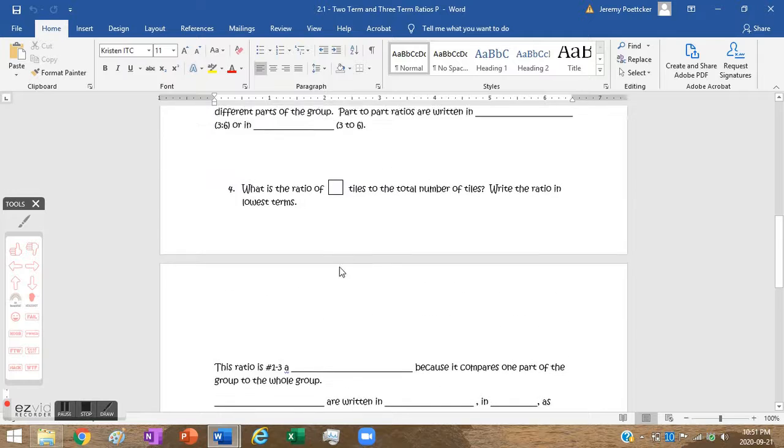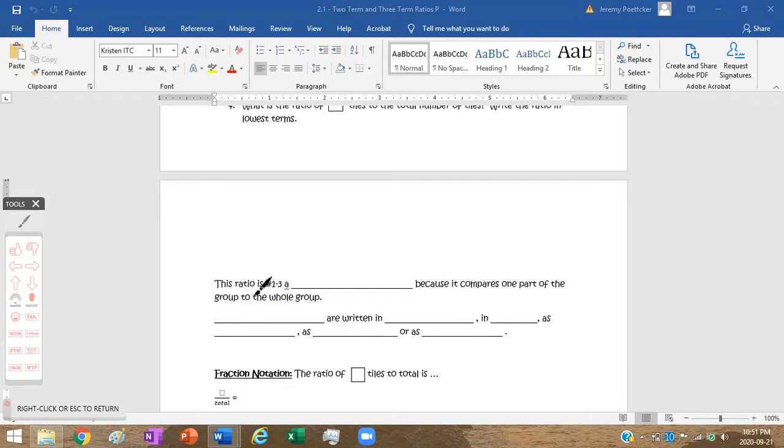What this really should say is the ratio in number 4 is a part to whole ratio, because it is comparing one part of the group to the whole group.